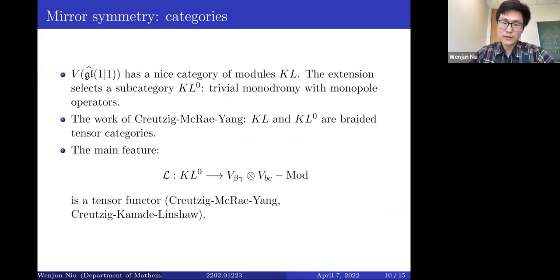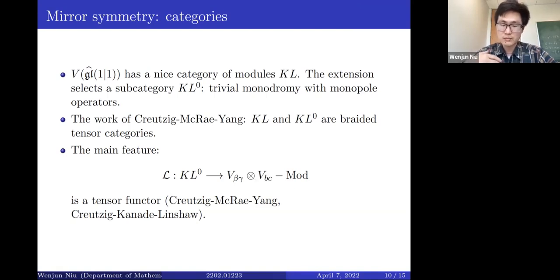Here I should be very careful, because first of all, we have not defined what this beta gamma tensor bc module is. To be more precise, we should first take some kind of an ind-completion of KL, and beta gamma tensor bc is an algebra object in that category.